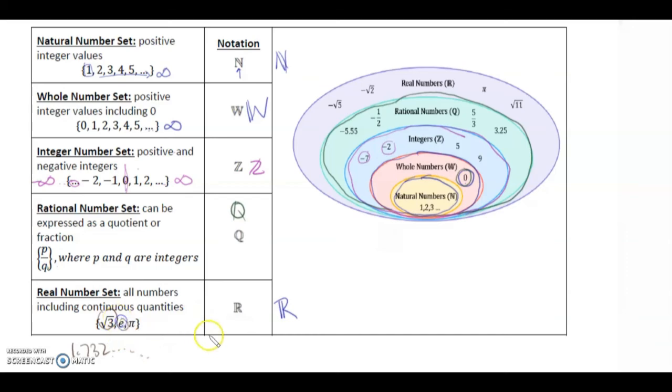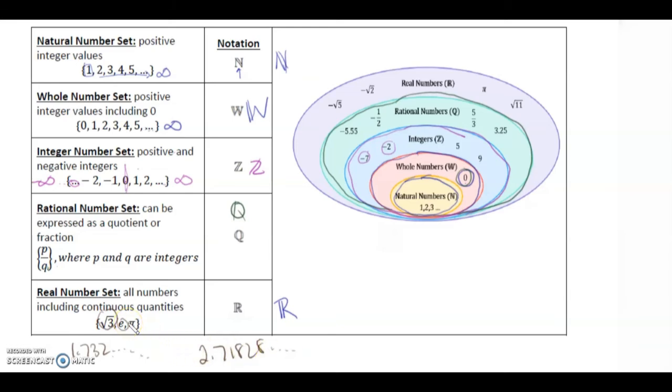Okay, e is another number. e is 2.71828 and it goes on forever.